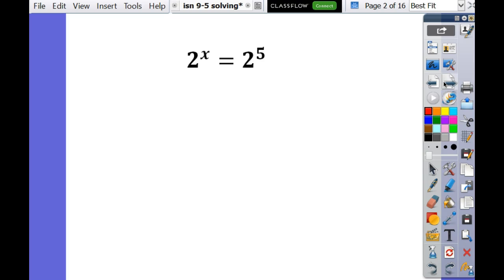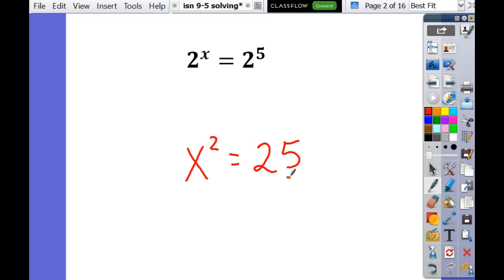Because it has exponents. But not everything that has exponents is an exponential equation. This has exponents, but it is not an exponential equation. Why is that one an exponential equation and this one is not?